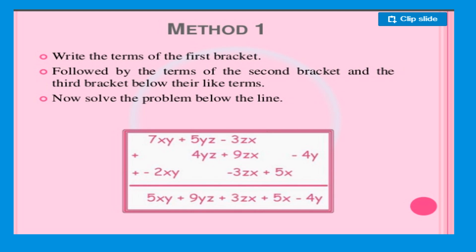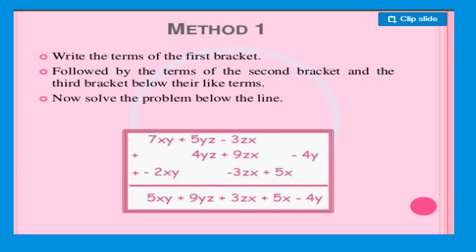And if there are different terms, x separate, y separate. Now put one below the other and just add from the last. So you get here minus 4y. Here it becomes plus 5x. Now here one has a plus sign and the other a minus sign, so minus and minus you add up. 3 plus 3 becomes 6.